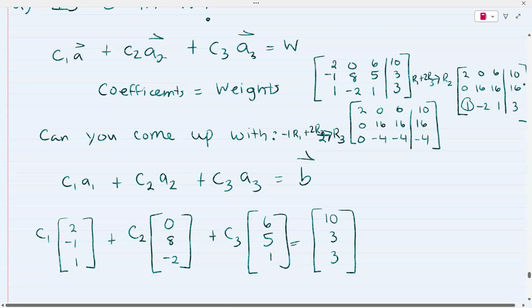Okay, and then what I would do is, let's make these 16s ones, and then let's make these -4s ones, because I think it'll be a lot easier. So to make these 16s into 1, you're going to multiply by the reciprocal, so that would be 1/16.